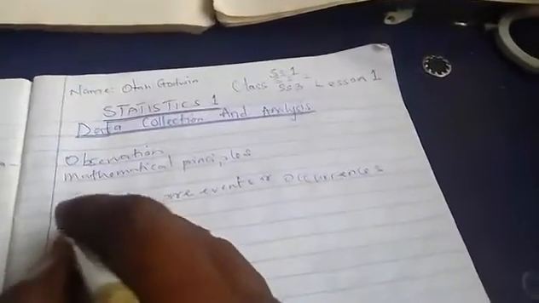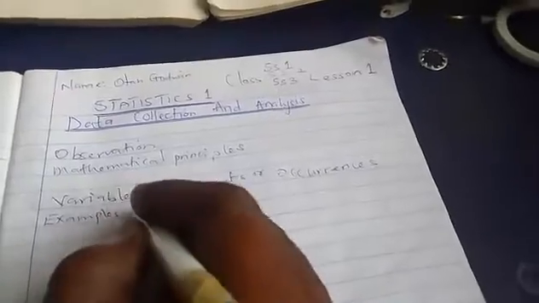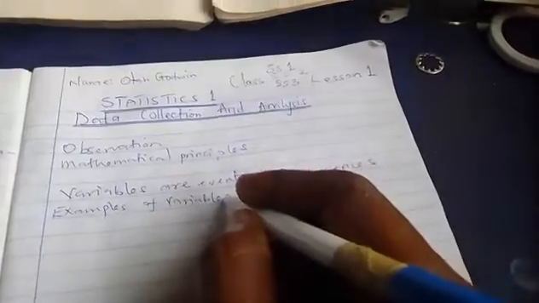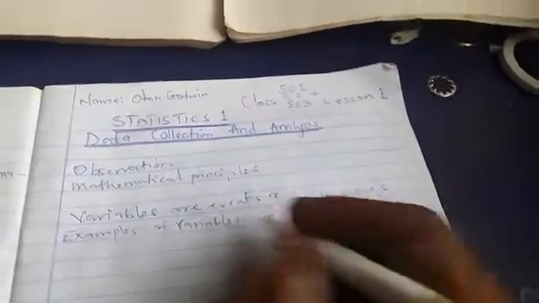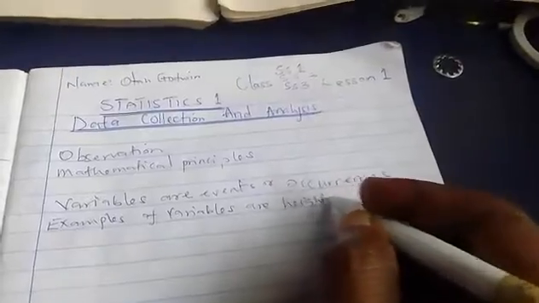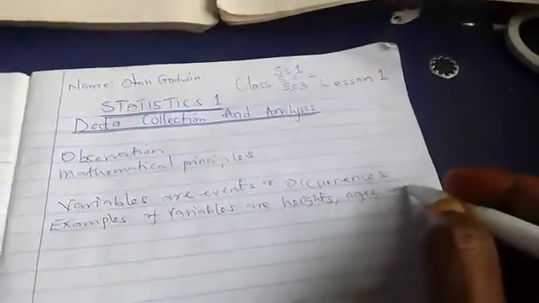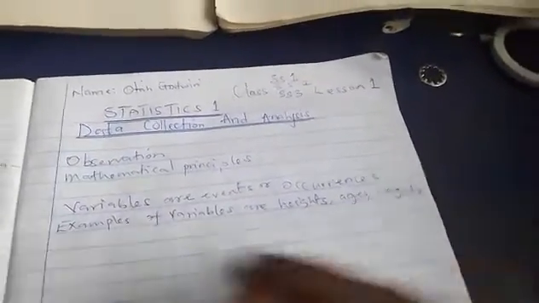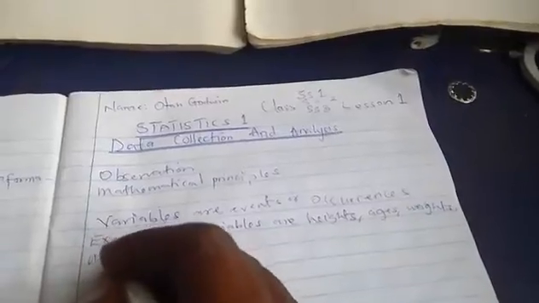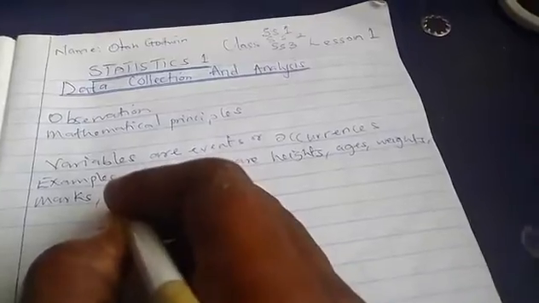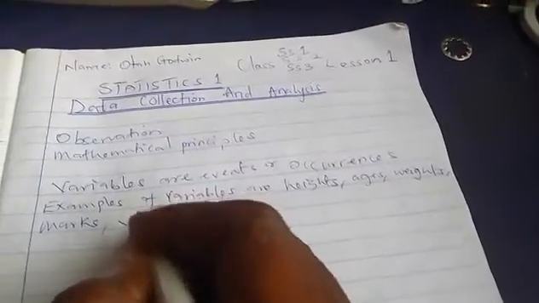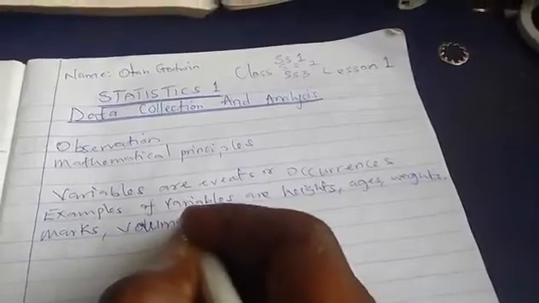Examples of variables are heights, ages, weights, marks. We can equally have volumes, and so on.